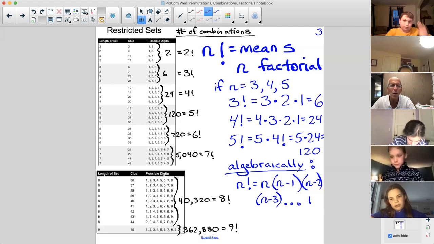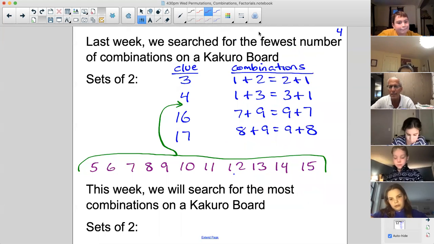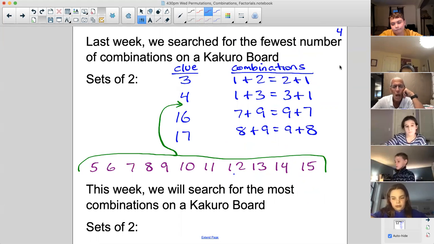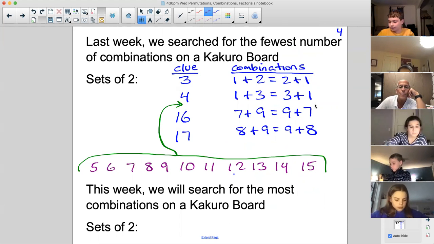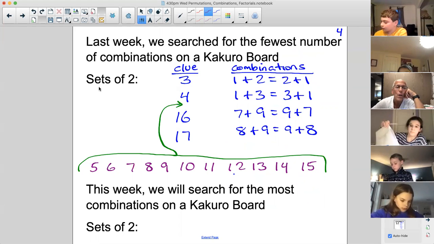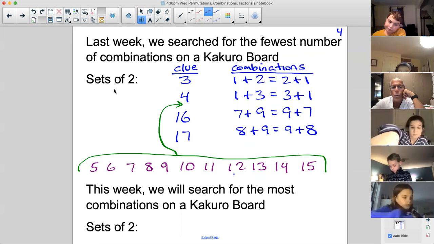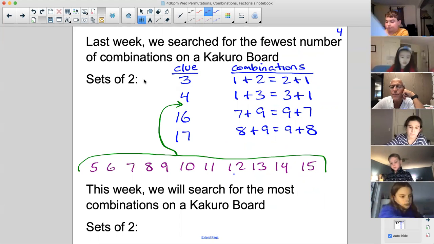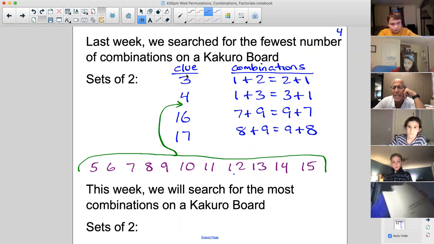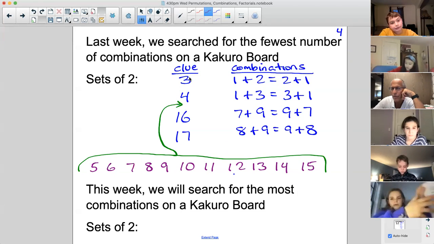Now let's get started with the next piece of our lesson, which is this. Everybody go to page 4, please. On page 4, you know that last week we had sets of 2 were the easiest ones to solve.